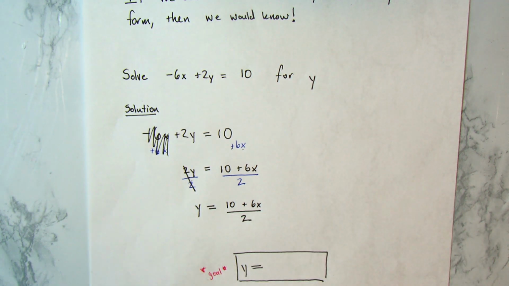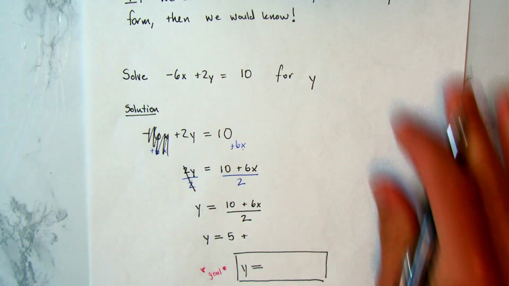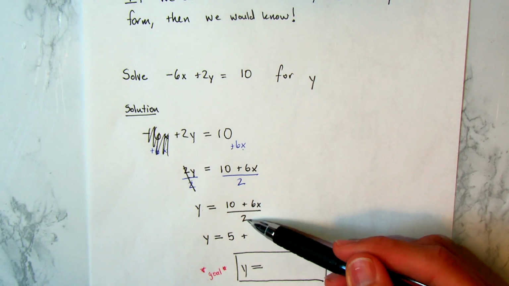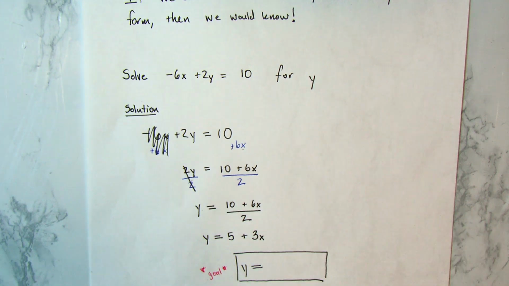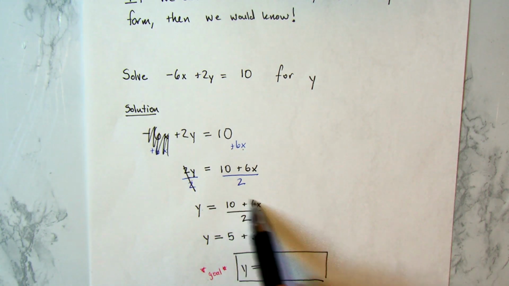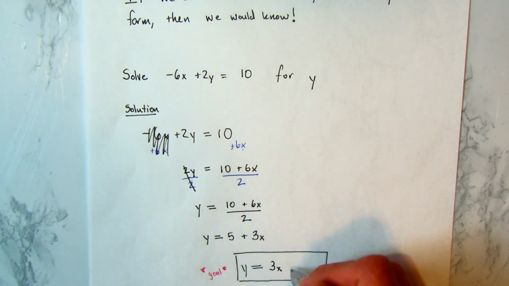So we can simplify this. 10 divided by 2 is 5. Y equals 5 plus 6x divided by 2. Well, 2 goes into 6 3 times. So that's 3x. So when you divide everything on the top by 2, it comes out with this. Now instead of writing 5 plus 3x, I'm going to write it as 3x plus 5.